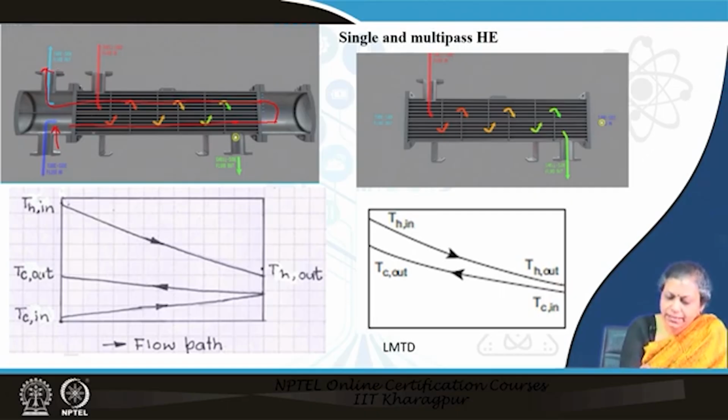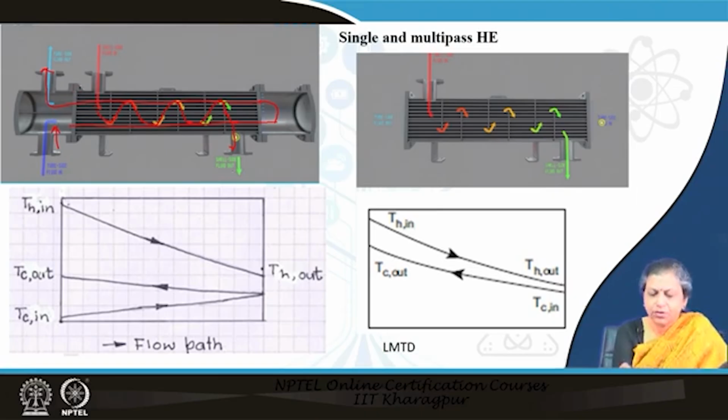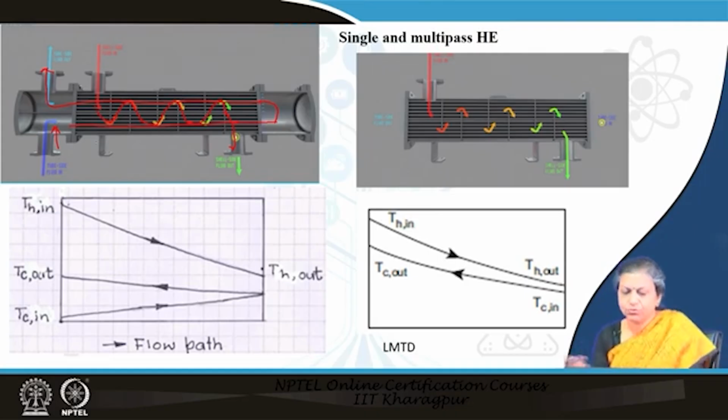What about the shell side fluid? It comes here, naturally it flows across the baffles, but if you just consider the inlet and outlet, you find that more or less it is a counter current arrangement. But if you see it inside, what do you see?